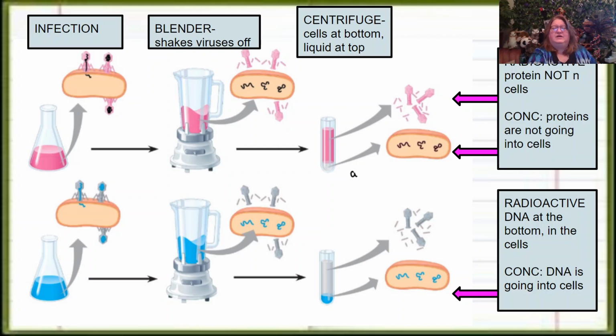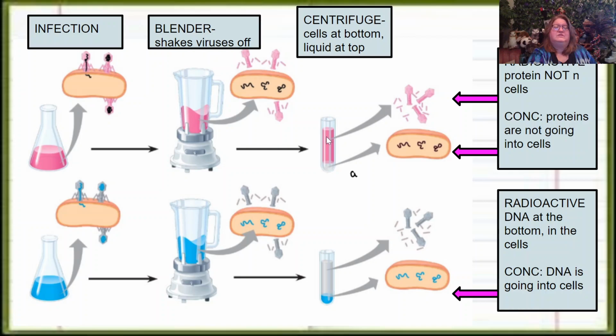So keep in mind, where is the cell and where is the bacteriophage? We have shaken off the bacteriophage, so they're going to be in the liquid. And this time we're seeing radioactive bacteriophages, and so that's where the radioactivity is. And then the cells, which do not have any radioactivity, are going to be down at the bottom.